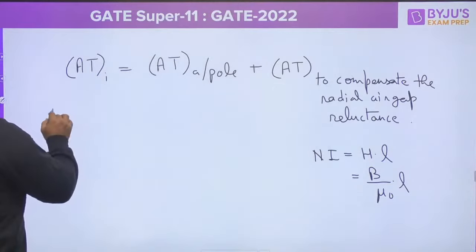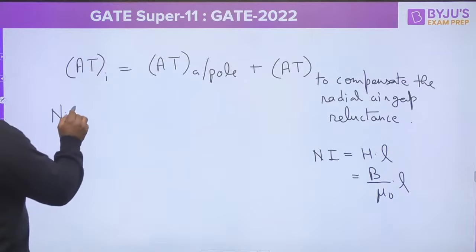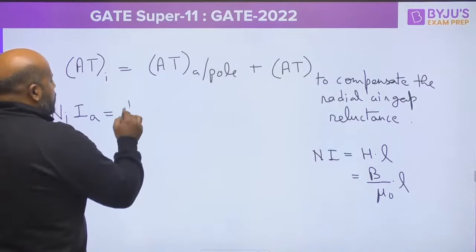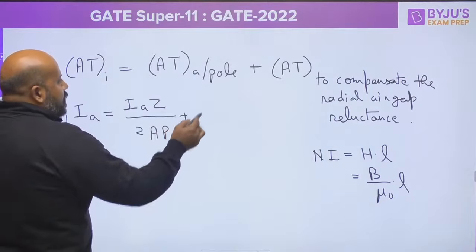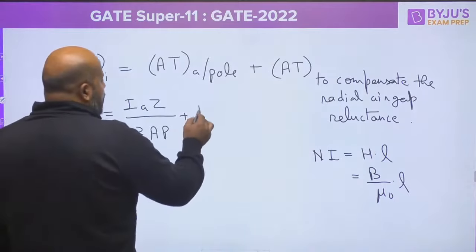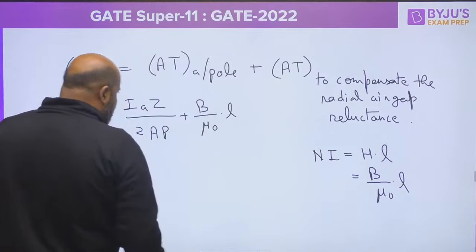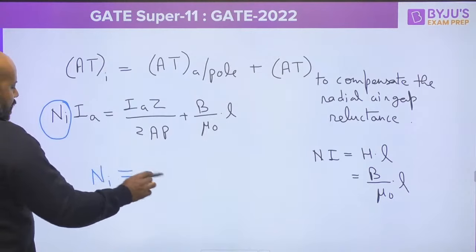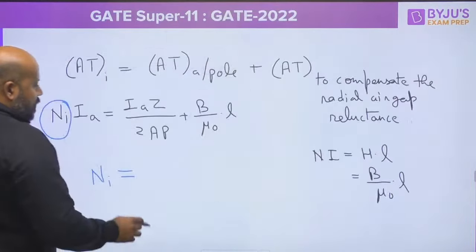So finally, if Ni is the number of turns in the interpole winding and the current is going to be Ia, ampere turns of the armature winding per pole is going to be IAZ upon 2AP plus ampere turns to compensate the radial air gap reluctance, which is going to be B upon mu naught into L. Everything is given, you just need to find the number of turns in the interpole winding. If I remember correctly, you must be getting 74 as the correct answer.